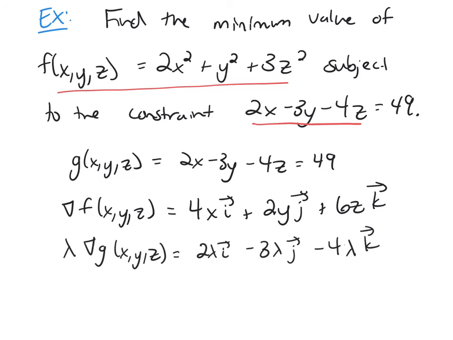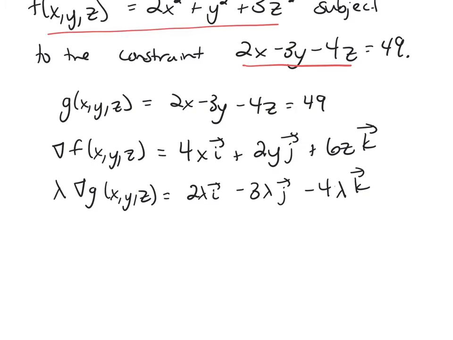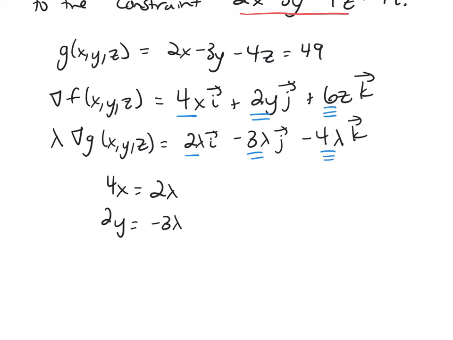Okay, and then we set their corresponding parts equal. So 4x equals 2 lambda, the i components; the j components, 2y equals minus 3 lambda; and then the k components, 6z equals negative 4 lambda.